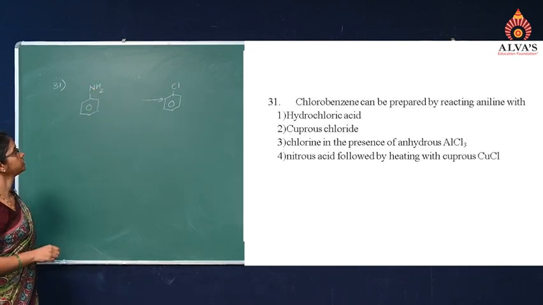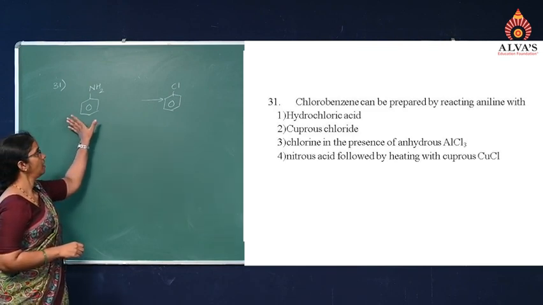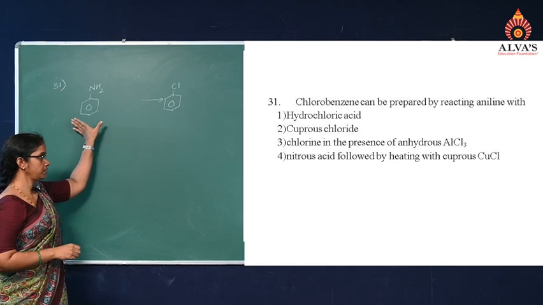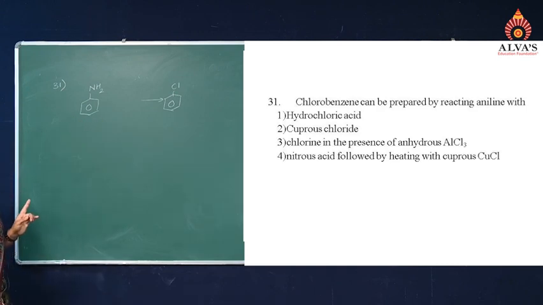From our knowledge of amines, we know that aniline can be converted into chlorobenzene, but this requires conversion. The options given to us are hydrochloric acid, cuprous chloride, chlorine in presence of anhydrous AlCl3, nitrous acid followed by heating with cuprous chloride.